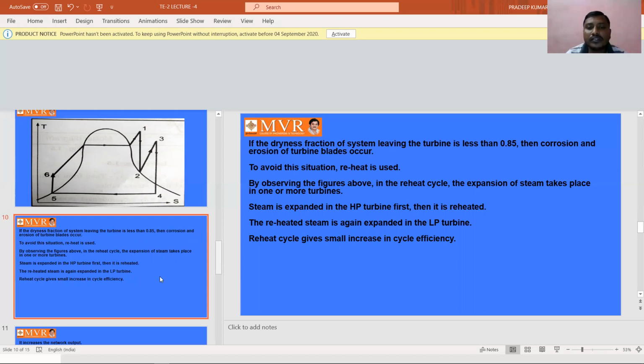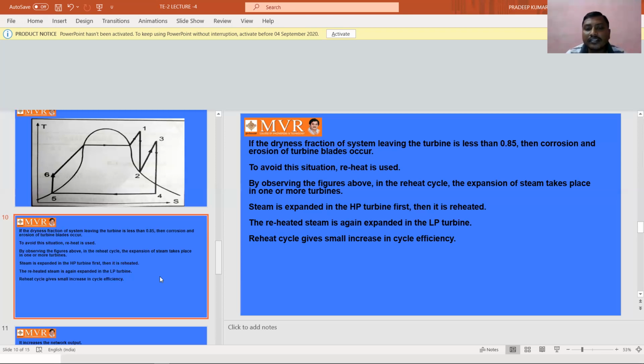By observing the figures above, in the reheat cycle the expansion of steam takes place in one or more turbines. The expansion is done in the high pressure turbine as well as the low pressure turbine. Steam is expanded in the high pressure turbine first, then it is reheated.